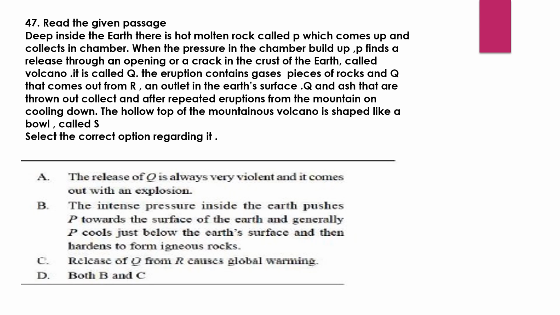C. Releases of Q from R causes global warming. In option A, the release of Q is always very violent and it comes out with an explosion. This is incorrect because sometimes it comes out silently. So B and C are both correct. So our answer is option D, both B and C.